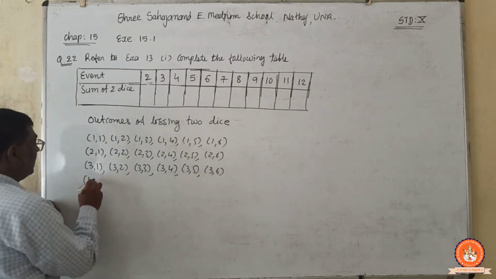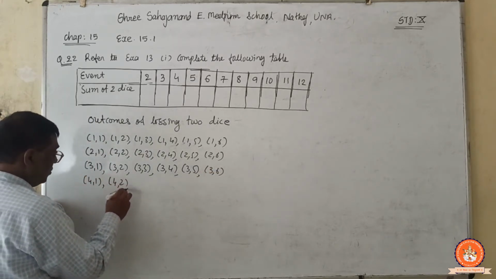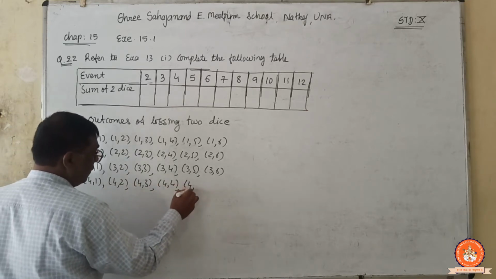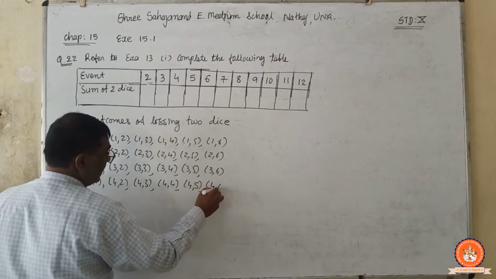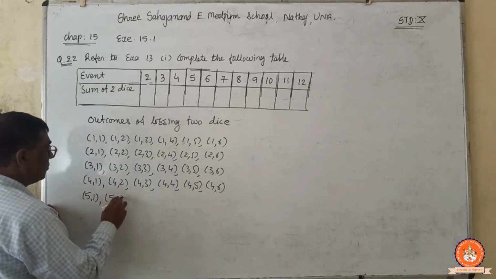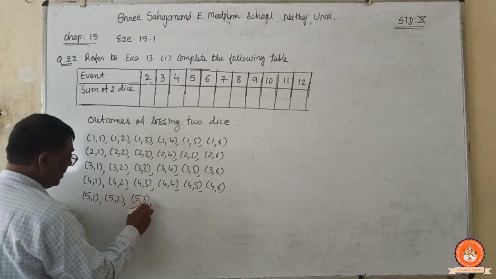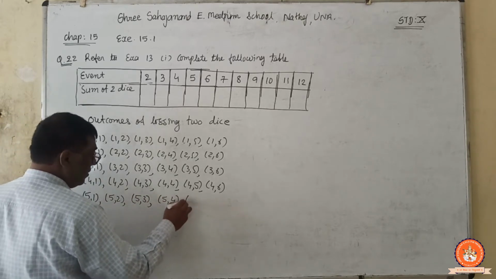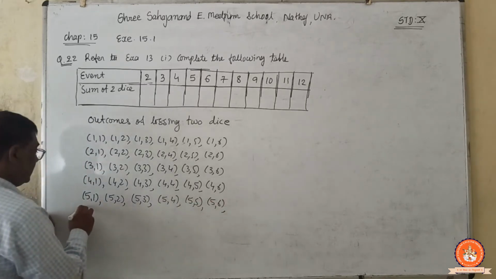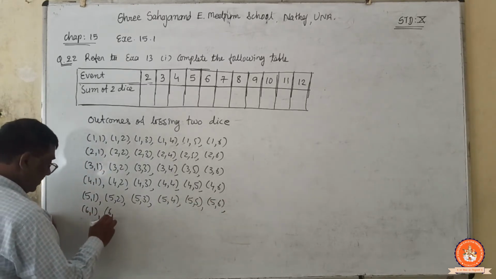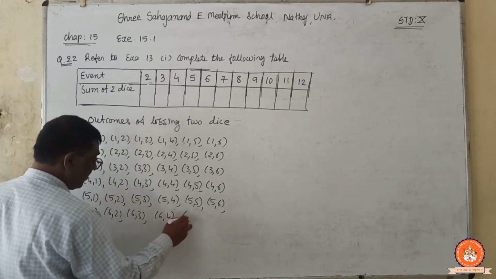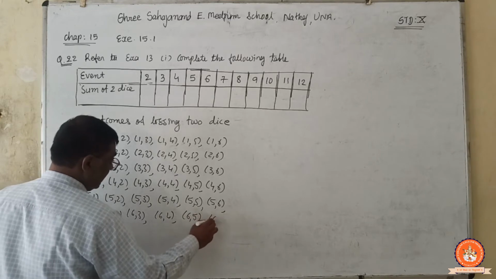It's 4 1, 4 2, 4 3, 4 4, 4 5, 4 6, 5 1, 5 2, 5 3, 5 4, 5 5, 5 6. It's 6 1, 6 2, 6 3, 6 4, 6 5 and 6 6.